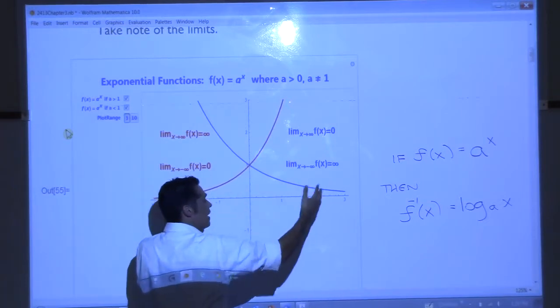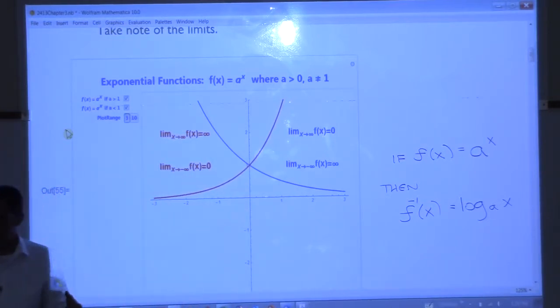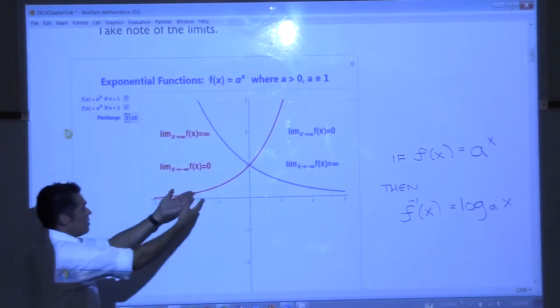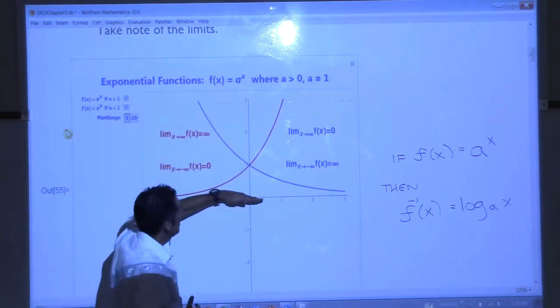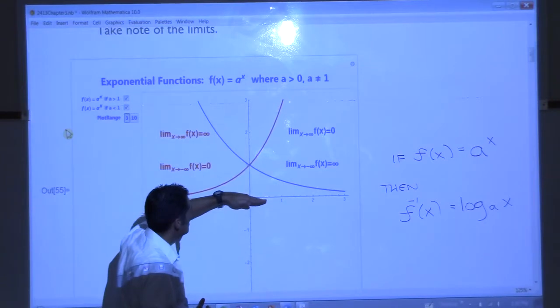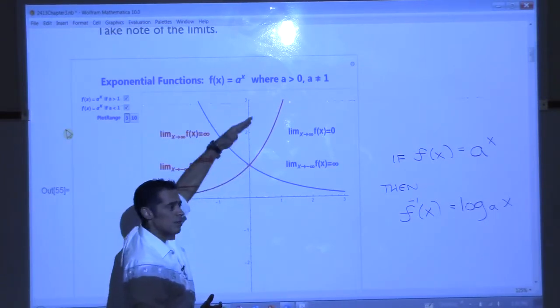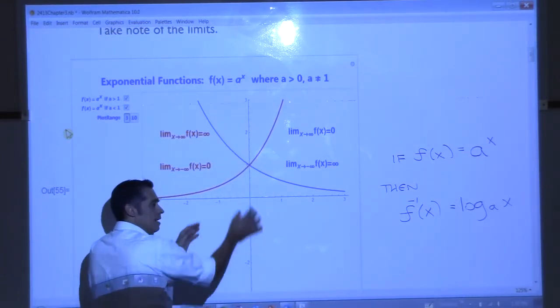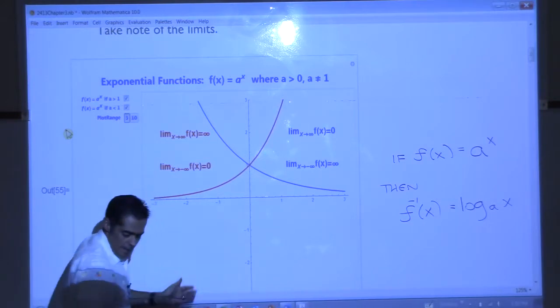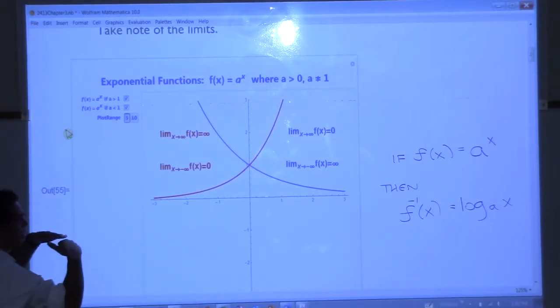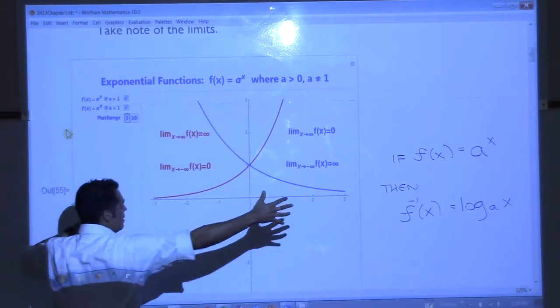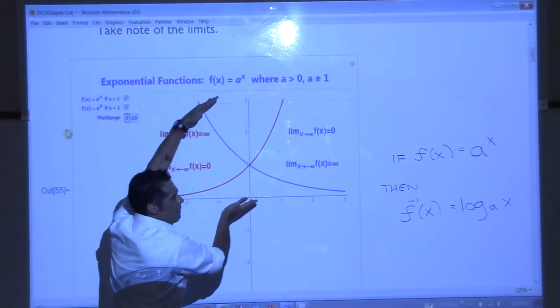So exponential functions have as their domain all real numbers. Exponential functions have as their range, that's the outputs, always above 0. You can never get a negative number out of an exponential function, unless you shift it or something like that. But for the basic exponential, the domain is everything, and the range is only from 0 up.